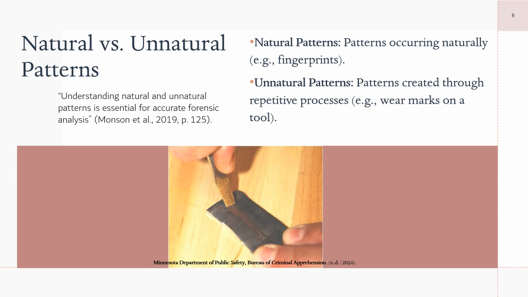You're born with them. Whereas an unnatural pattern is pretty much the opposite. It's not something that happens naturally. It's created. It sounds kind of weird to say it's unnatural, but it's created. I think of it as something that doesn't happen in nature. A pattern on a butterfly happens in nature.